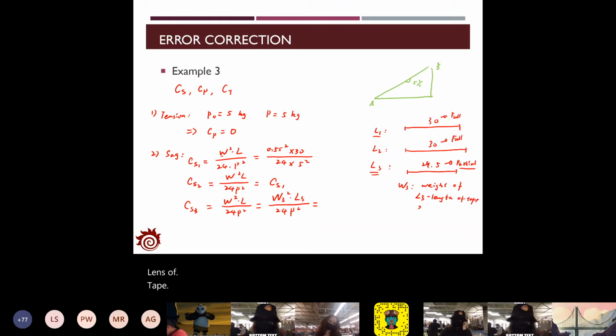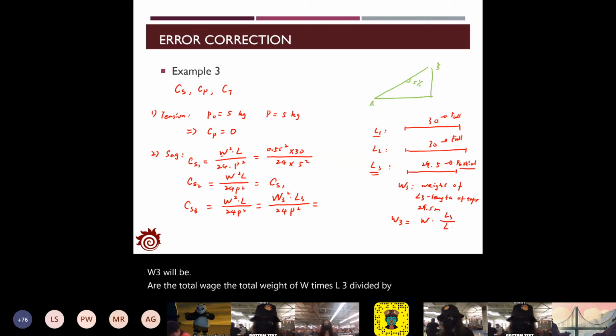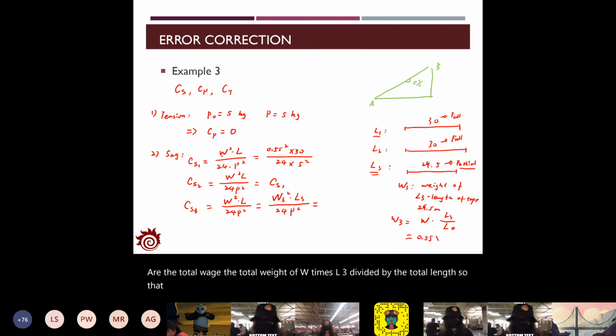So you can find out the weight. W3 will be the total weight W times L3 divided by the total length. So that is 0.55 times L3, which is 29.5, divided by the total length of the tape, which is 30 meters.